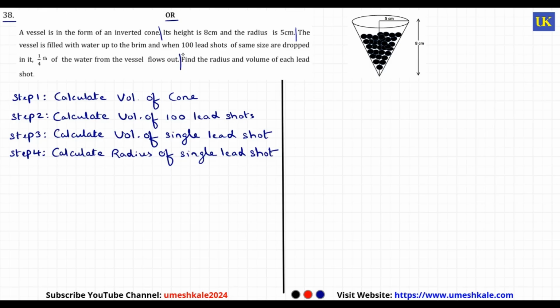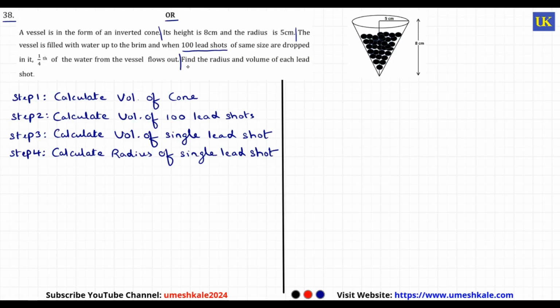So when we drop 100 lead spheres, all of the same size, one fourth of the water will flow outside of this vessel. This is what they are saying until here.